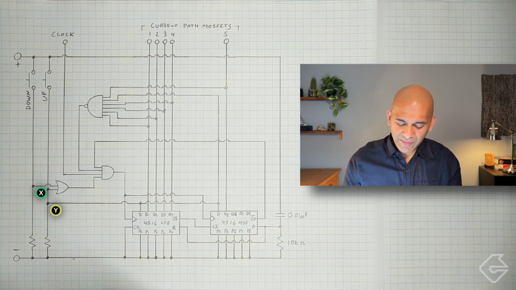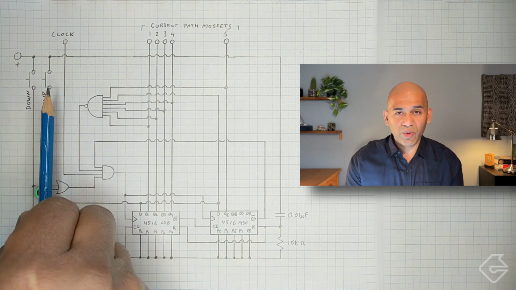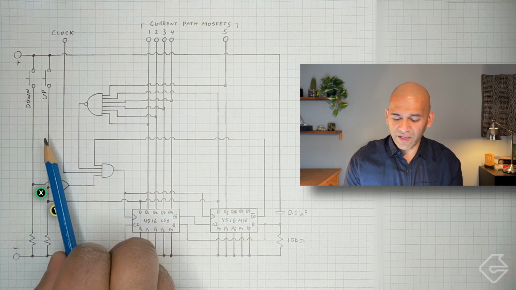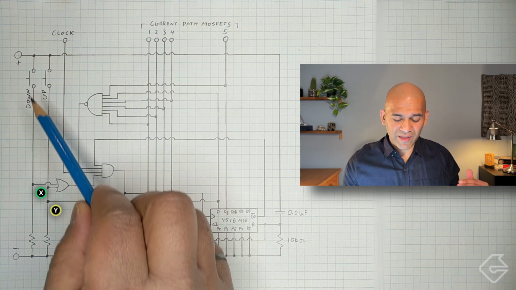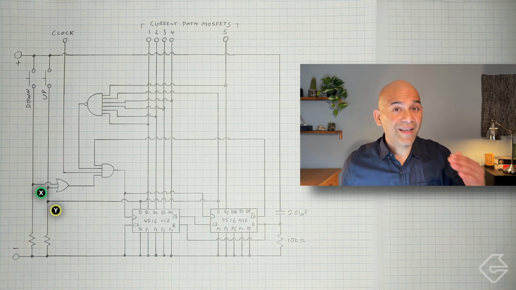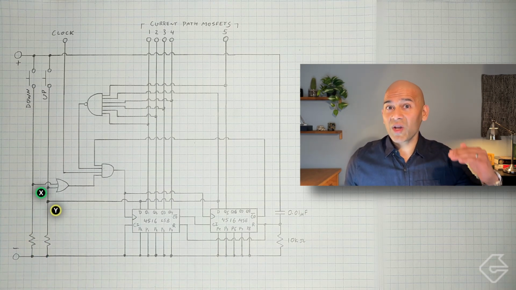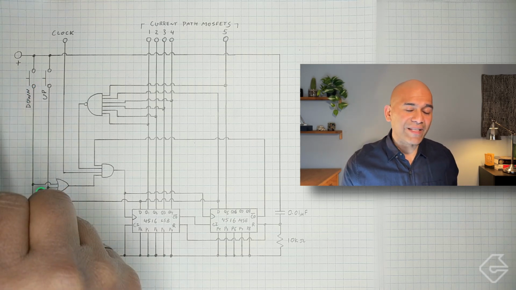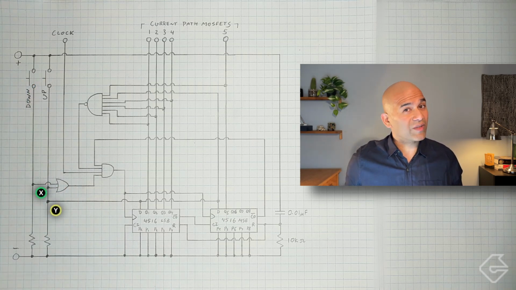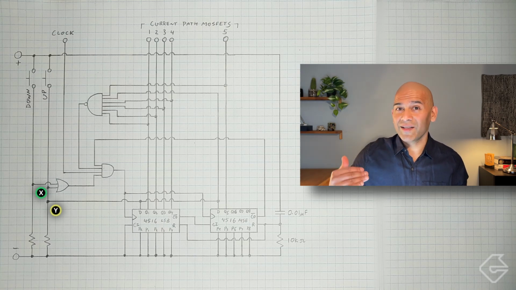As soon as we push this down, the signals over here are going to be rising. So there's a situation where we have to look at when the signals are rising, and that is a transition from 0 to 1. And there's also a situation where when we release that button, the signals drop. So there's a transition from 1 to 0.